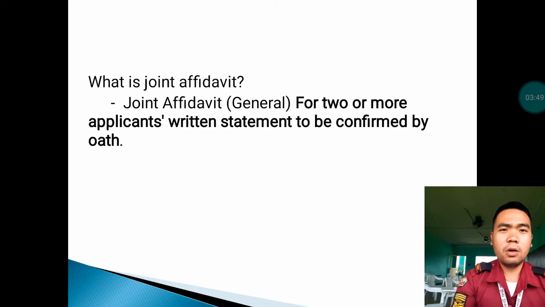What is a joint affidavit? A joint affidavit is generally for two or more applicants writing a statement to be sworn.